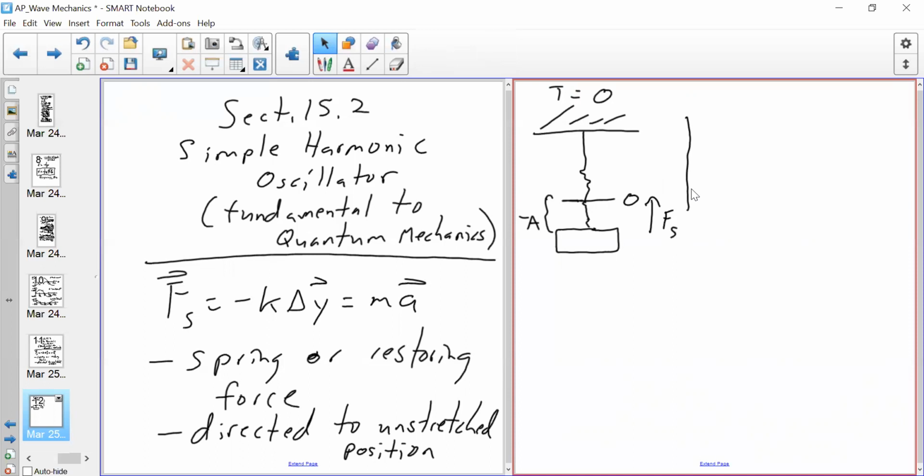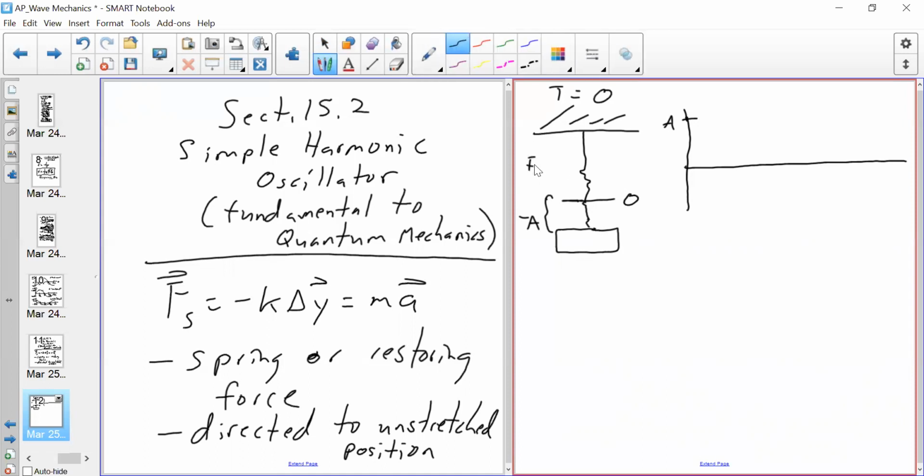All right, so we have our graph, and then let's say that this was positive A, going up to make space for this negative A. And then our associated function is going to be y equals negative A cosine omega t.